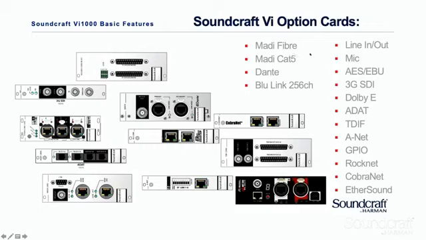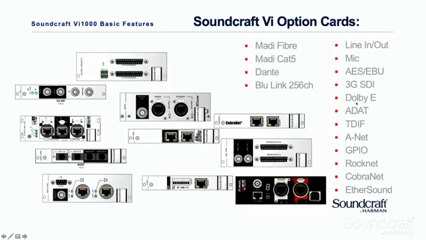Even cheap fiber is pretty strong, and the advantage there is you can run quite a significant distance. Even on cheap plastic fiber, you can push distances. You can also add additional line ins and outs. So this is for your outboard gear, mic ins and outs, AES in and out, 3G SDI. So if in a broadcast scenario and you need to grab signals off your video switches, that's what you'll be using there.